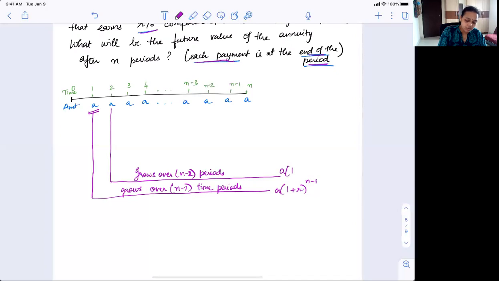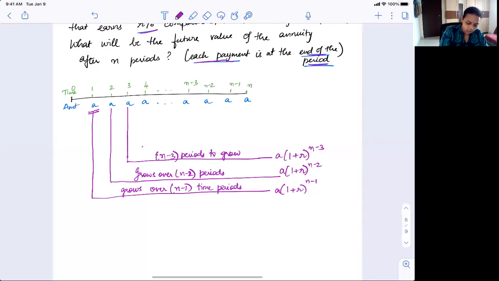So you have A times (1 plus R) to the power n minus 2. And then the third payment will have n minus 3 periods to grow, so you end up having A times (1 plus R) to the power n minus 3, and so on.